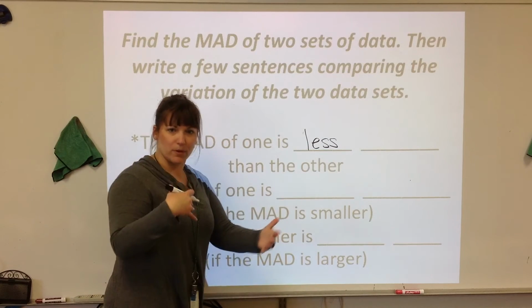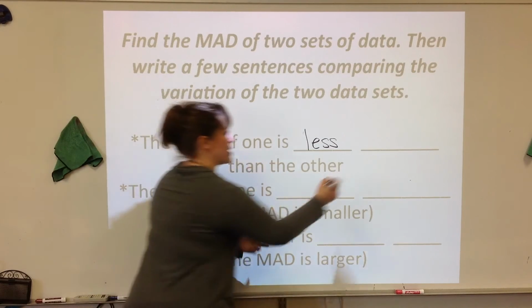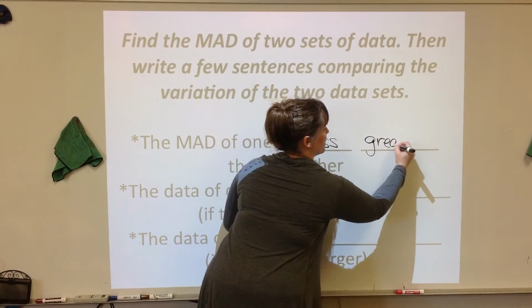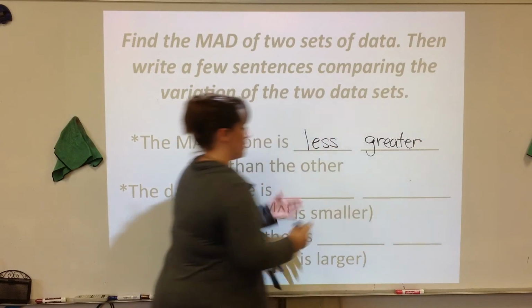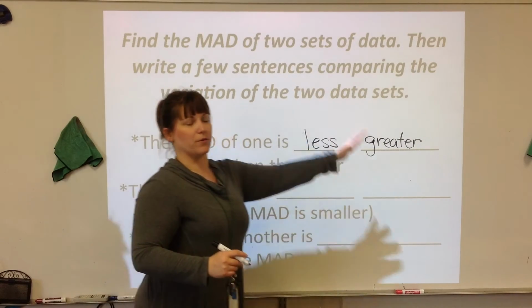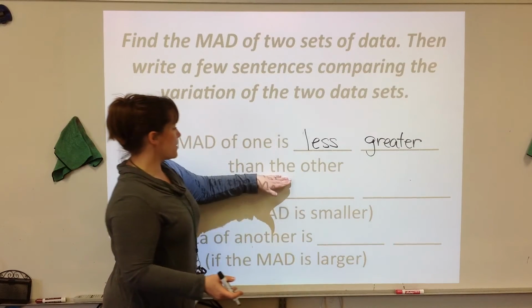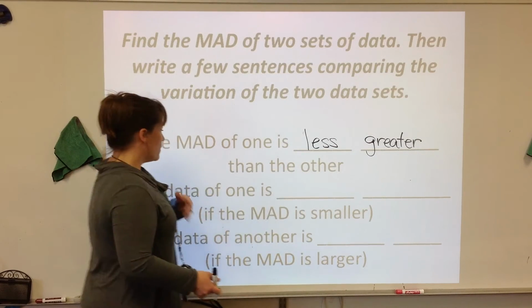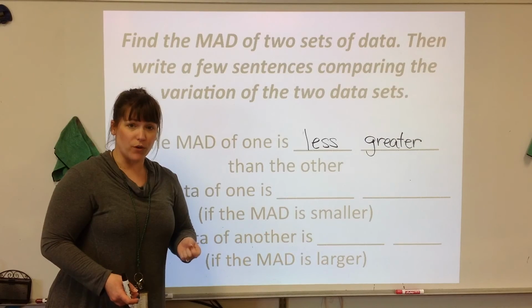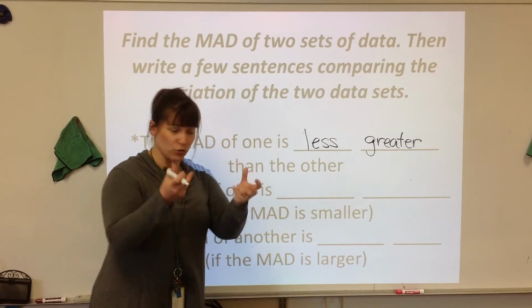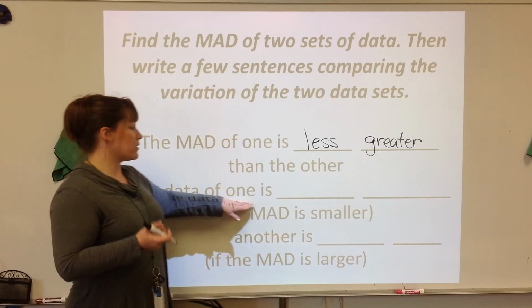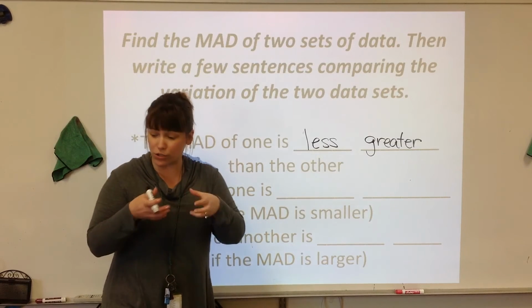You could say the flip. You could say that Lena's is greater. You could say Lena's spread is greater than Allie's. One other way that you could write about the 2 is that you could say that the data of 1 is closer together.